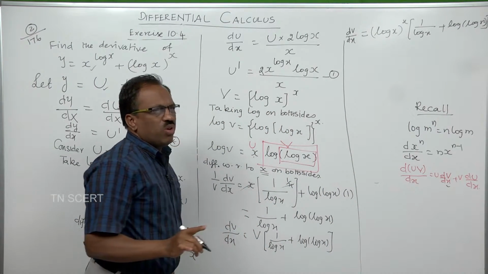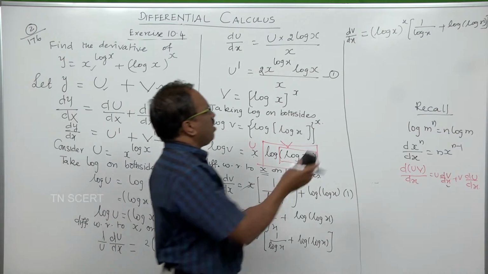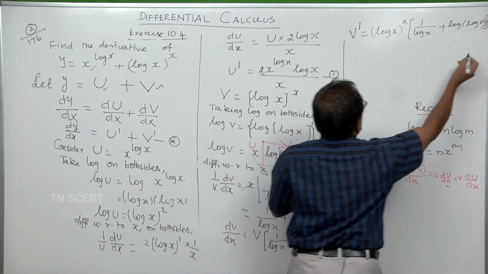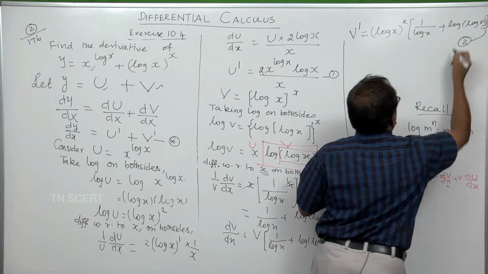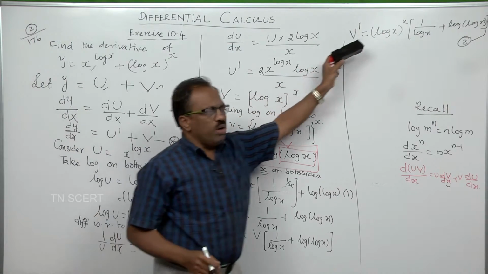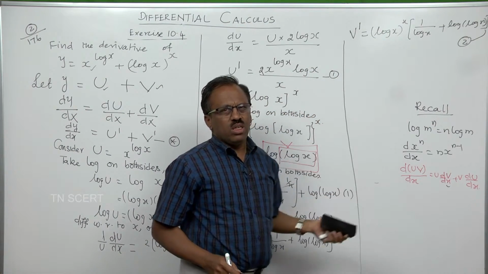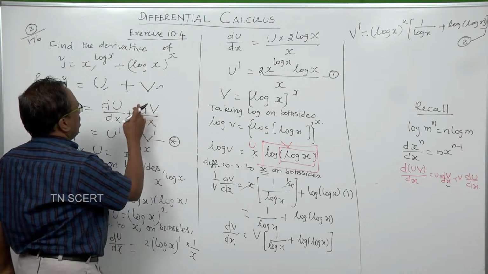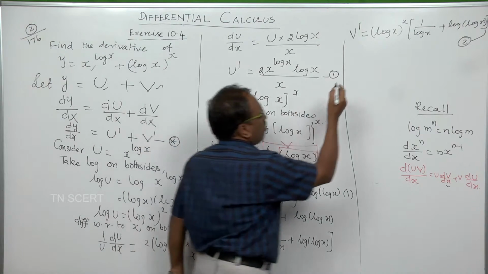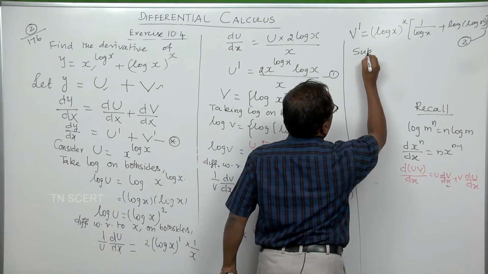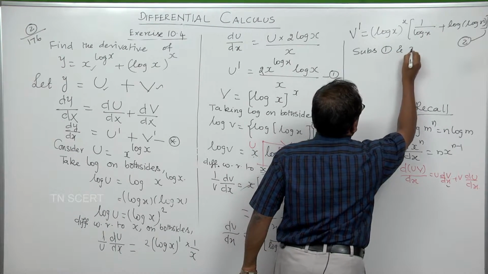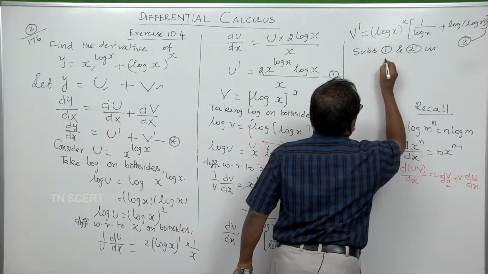Now all the terms we have written, almost everything is completed. This we can take as v dash, this is 2. And I have already done u dash, now we have done v dash. Finally we have to write u dash plus v dash, which is the solution for the problem. Therefore, substitute 1 and 2 in star.